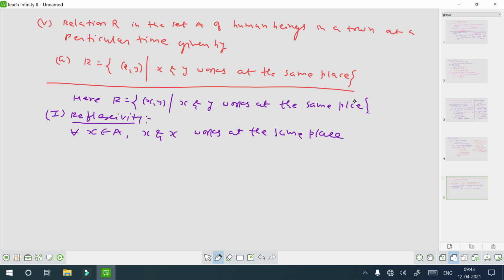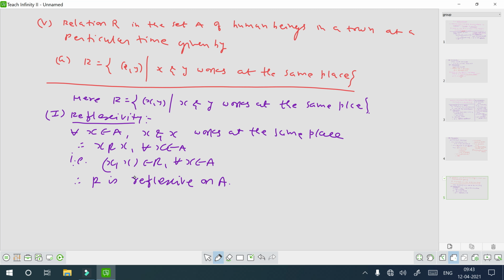So X R X, for all X belongs to A, that is, the ordered pair (X, X) belongs to R for all X belongs to A. Yes or no? Yes. And therefore R is reflexive on A.